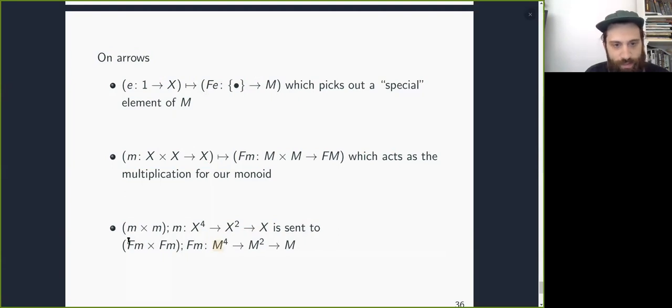And then multiplying w times x first and simultaneously multiplying y times z, and then bringing that down to, in the first slot, the result of w times x, and in the second slot the result of y times z, and then multiplying those two together. Right? So if our monoid is just the real numbers, you're just multiplying 4 real numbers together.